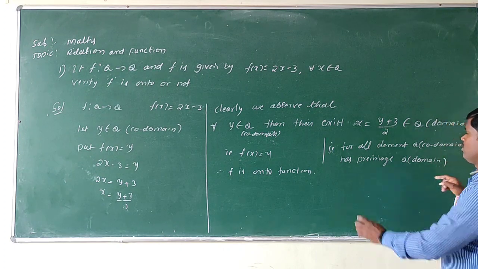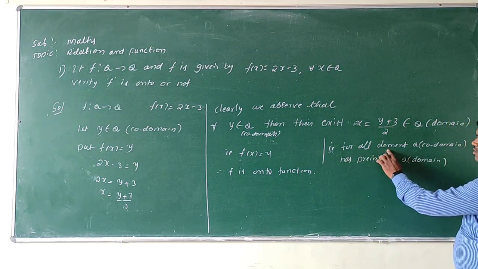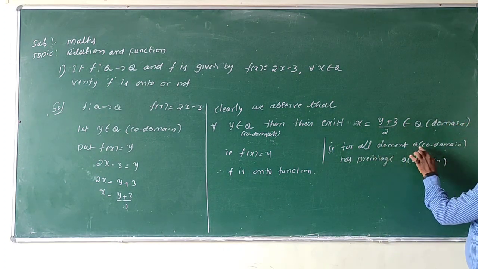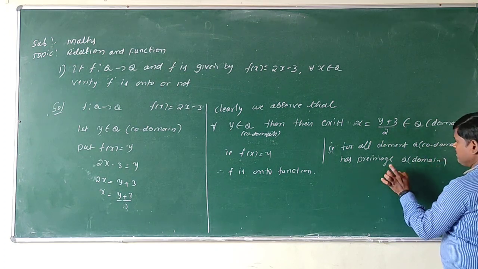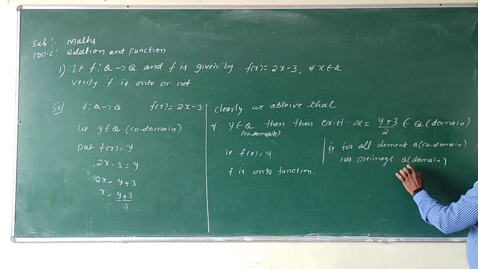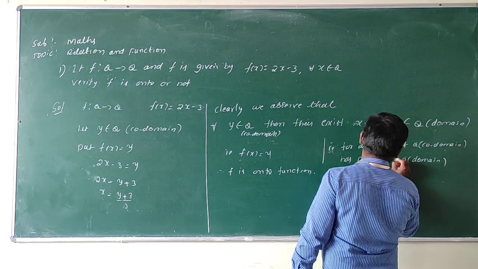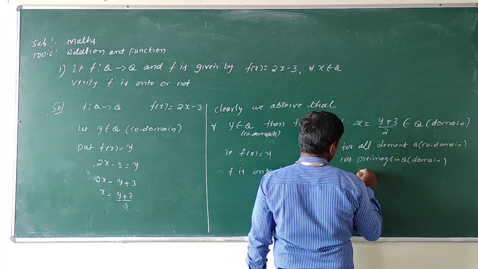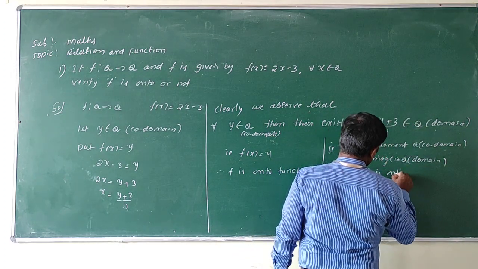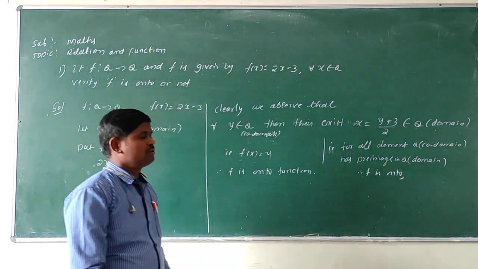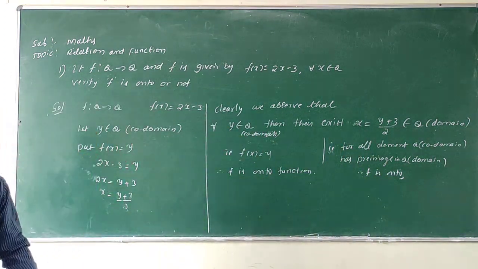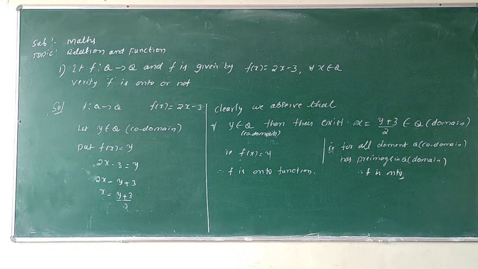So that means for all elements of Q, that means the codomain has a pre-image in Q. So therefore f is onto. Is it clear? So next problem.